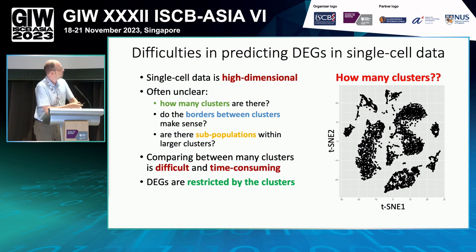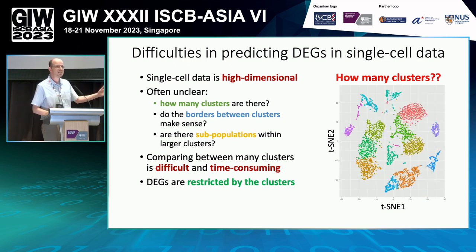Then also, if I insist that these are reasonable clusters, it's very hard for me to say, why should this be 3 clusters and not 1 cluster, or 2 clusters, or 4 clusters, or 5 clusters? And does the border between these 2 clusters make any biological sense? I have no idea. I cannot check the original data so easily because it's high dimensional.